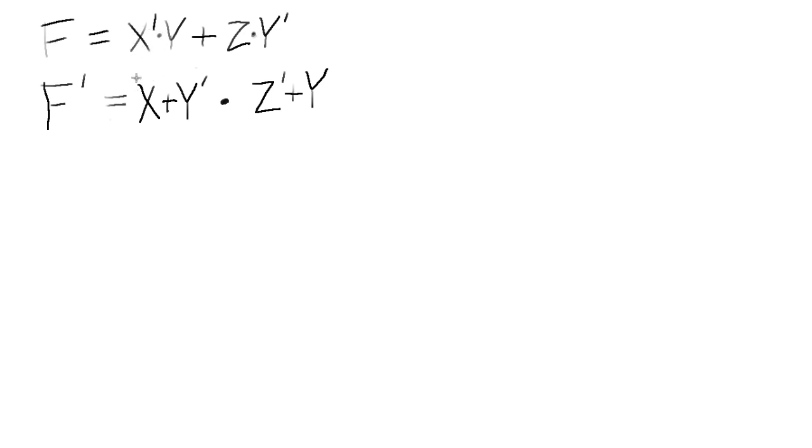So in order to retain that precedence, we need to put parentheses around these terms. So now it's this whole term ANDed with this term here. And so what we've computed here is DeMorgan's complement.